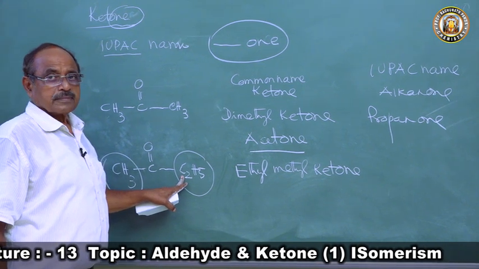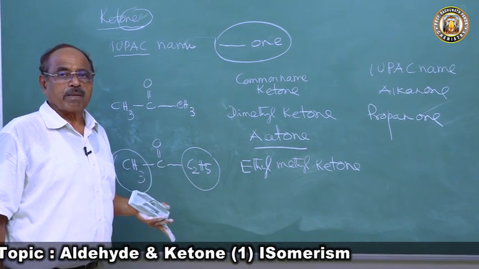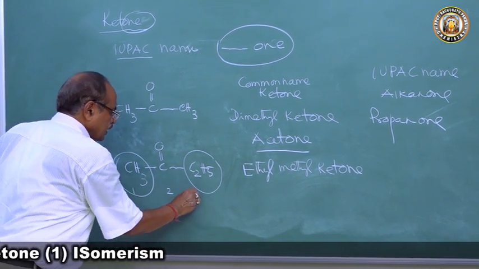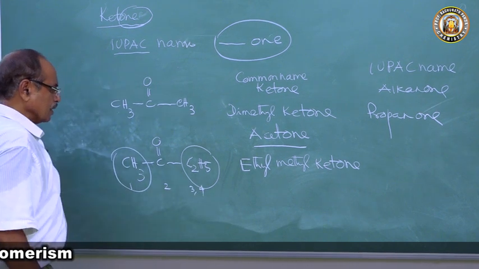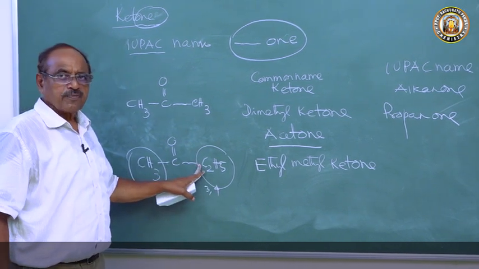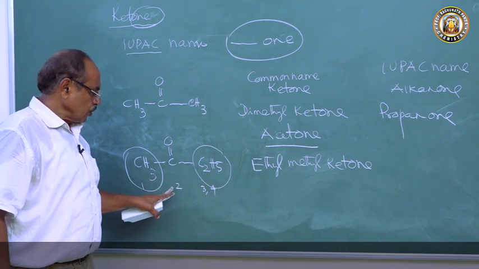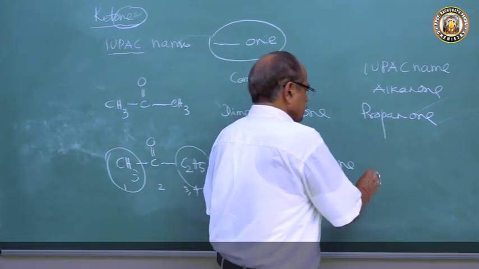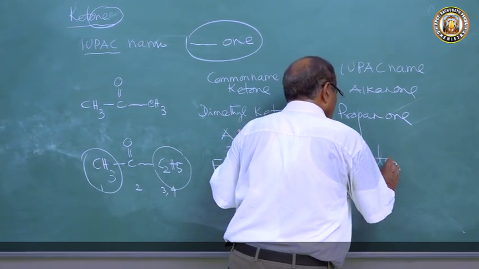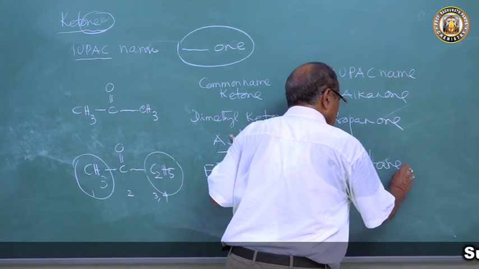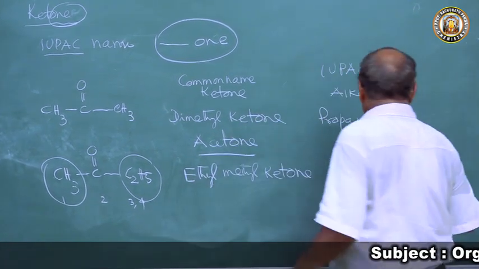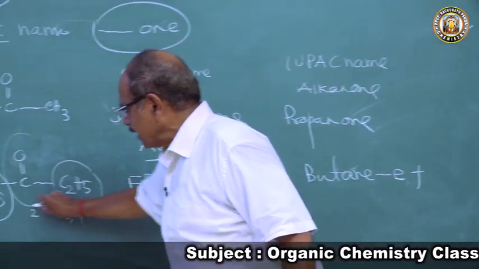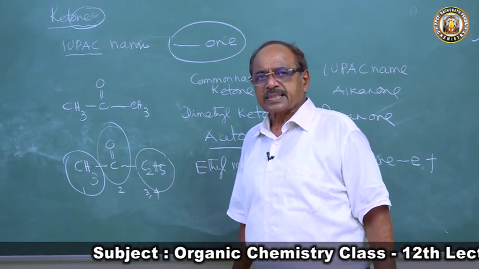But for the IUPAC name, we take the longest chain and the lowest number. The longest chain is 1, 2, 3, 4, so 4 carbon atoms, a derivative of butane. The keto group is at the 2 carbon atom. From butane, hydrogen is gone, minus E, then ONE is attached at the second carbon atom.